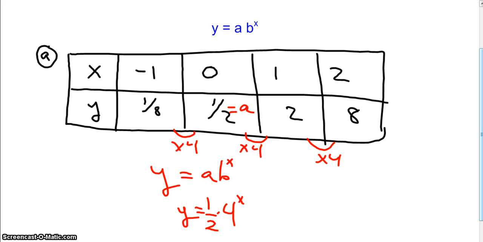What do they look like when you graph 1/2 times 4 to the x? Look at what's happening to the y values as the x's increase. The y's are increasing or decreasing? Increasing. So if you were to sketch this, as the x's increase, the y's are increasing, so it would look like exponential growth. That one is actually exponential growth.